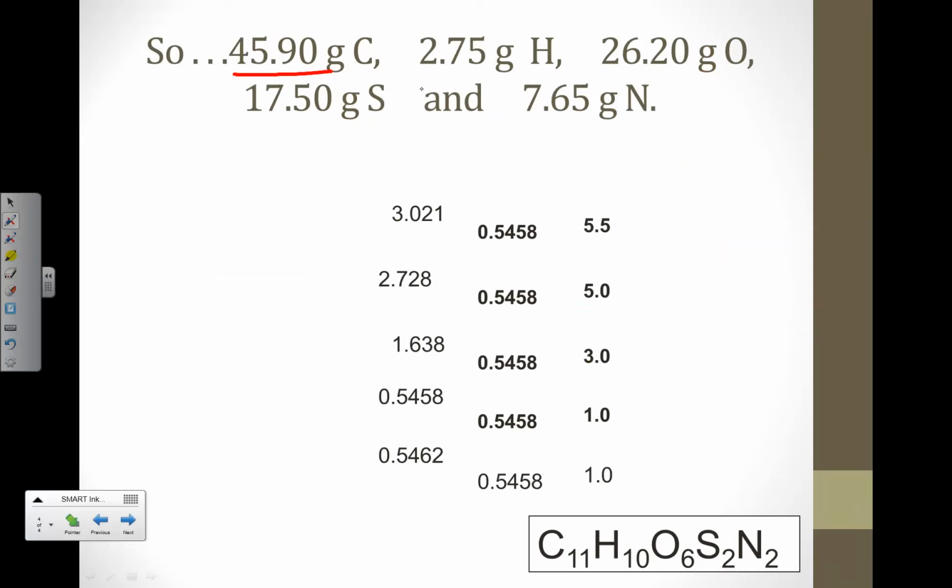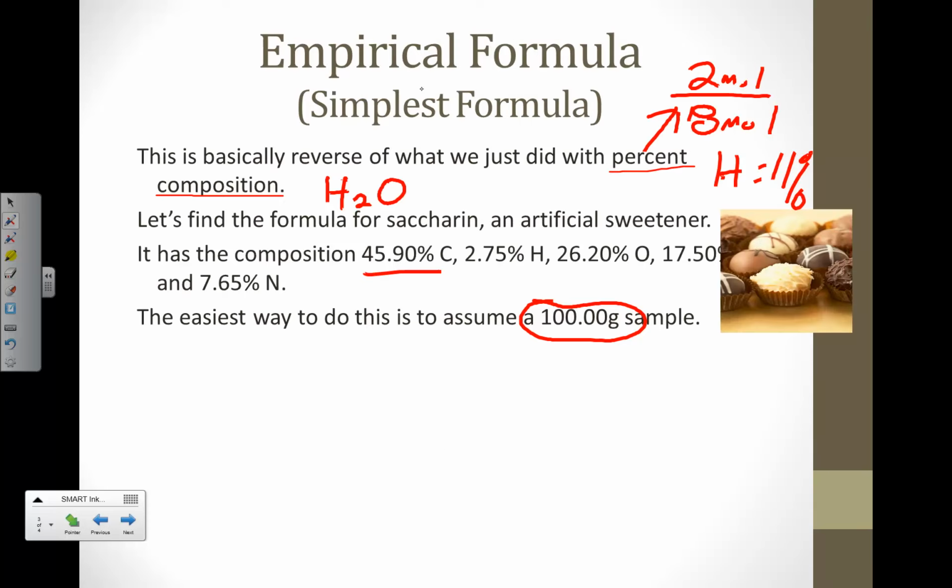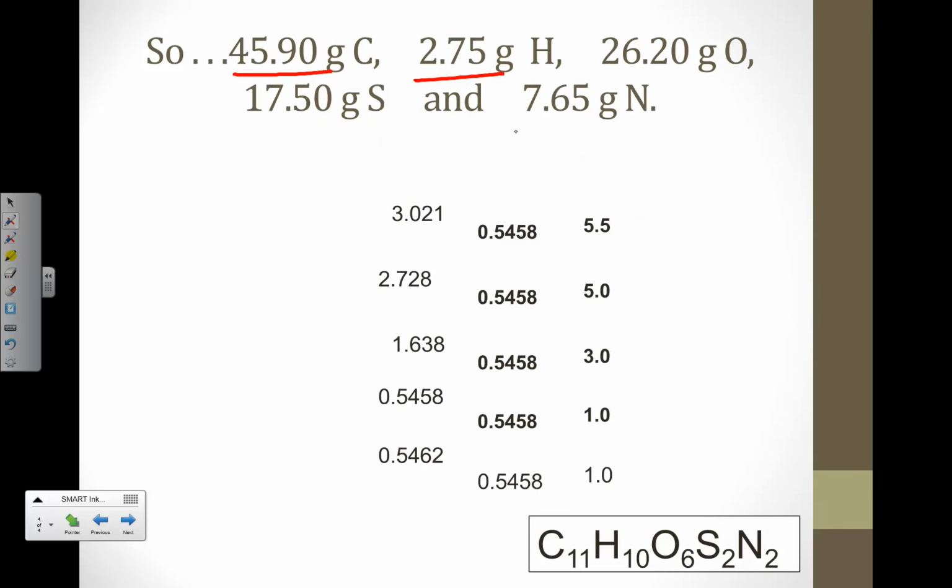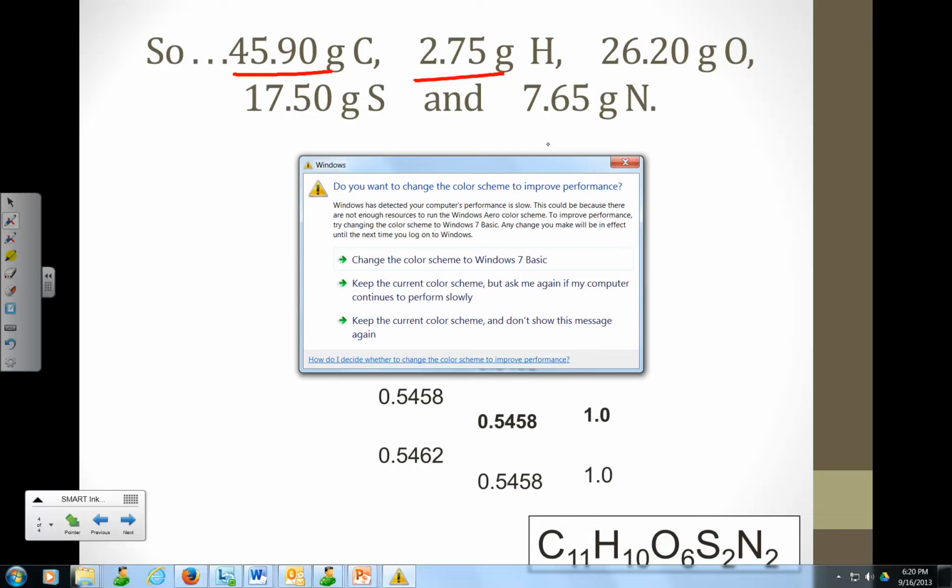And this one was 2.75%, now we're saying that is grams. So we take each percent and change it to grams, and again, that's all assuming 100 grams.